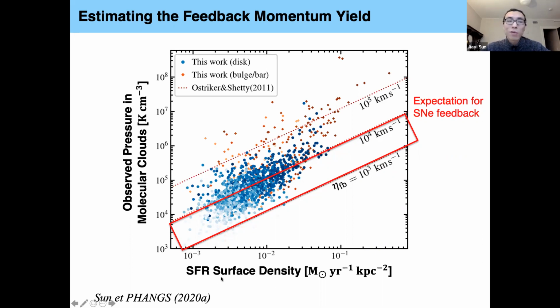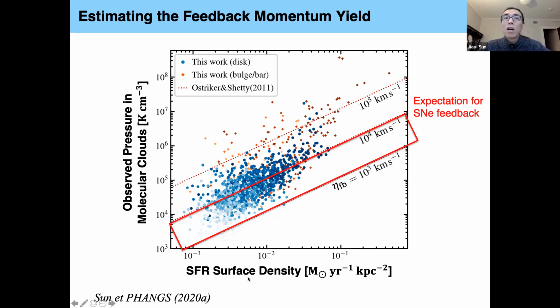However, I just told you that those two quantities are measured on different scales. The star formation rate surface density is measured on KPC scale. And we know that star formation correlates with the cold gas and they cluster on smaller scales. So it is very likely that our KPC scale estimates underestimate the actual relevant star formation rate surface density for the pressure that I'm showing here.